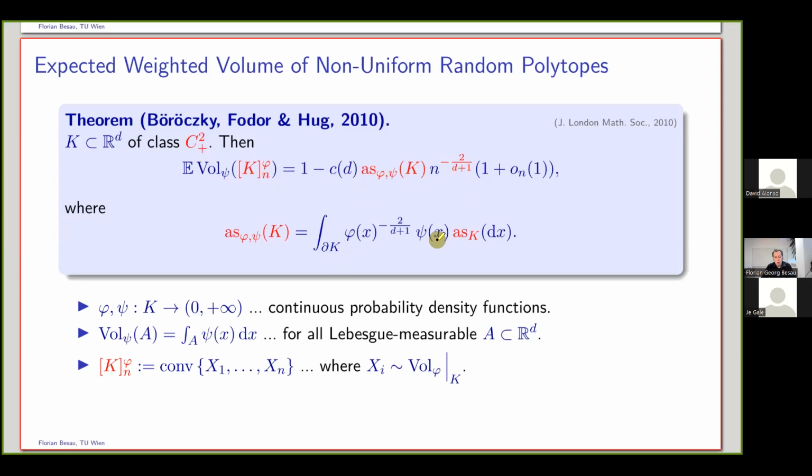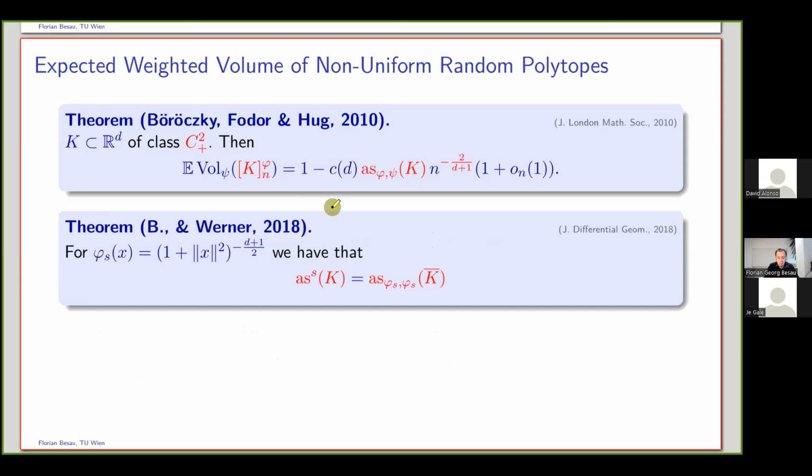Okay, and then plugging in the right weight functions, you can easily derive the spherical theorem when you have all of these identifications figured out. So if you choose a function phi_s of this form, this is essentially the Radon-Nikodym derivative of your pushforward measure via the gnomonic projection of the spherical Lebesgue measure and the Euclidean Lebesgue measure.